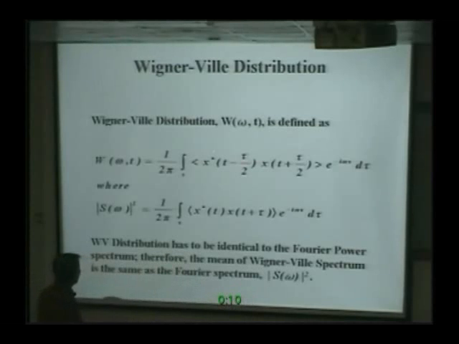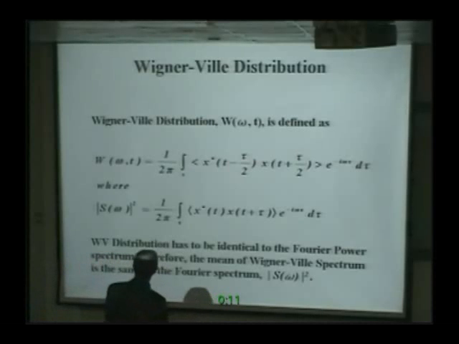Anyway, last time we talked about the Wigner-Ville distribution. You see, the Wigner-Ville distribution is actually no different from Fourier. Instead of t minus tau, the Wigner-Ville uses t minus half tau and t plus half tau, so it's the central correlation rather than one-sided correlation.